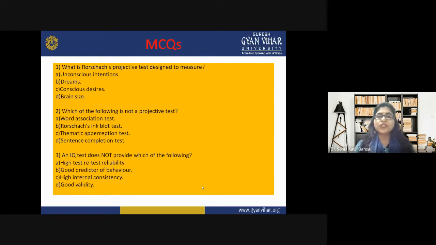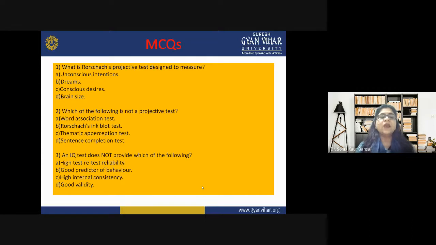Now, what is Rorschach's projective test designed to measure? A, unconscious intentions, B, dreams, C, conscious desires, D, brain size. So what does it measure? So it is actually designed to measure conscious desires.